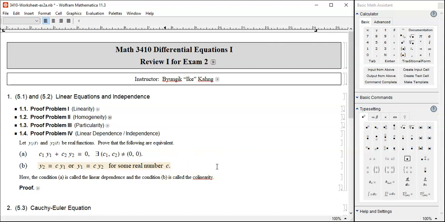Either one function is constant times the other, one way or the other. And the second is called collinearity. y1 and y2 are collinear, which means, well, collinear usually means in geometry that those two objects are on the same line.